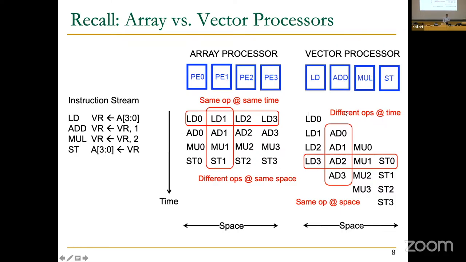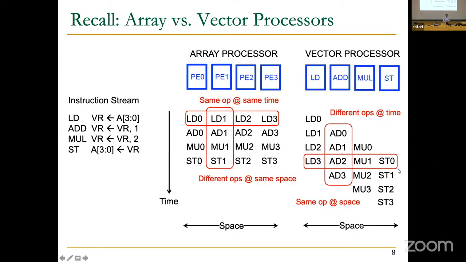A vector processor is more frugal, meaning the processing element can be simple. As we discussed, you can have different processing elements specialized, load unit, add unit, multiply unit, store unit, for example. Each unit doesn't have to do everything. And that's why it's actually easier to build. But here, you cannot execute the same operation on multiple processing elements at the same time. You have to pipeline it over time. But if you look at space, you basically execute one operation in the same space, but different operations in the same time.